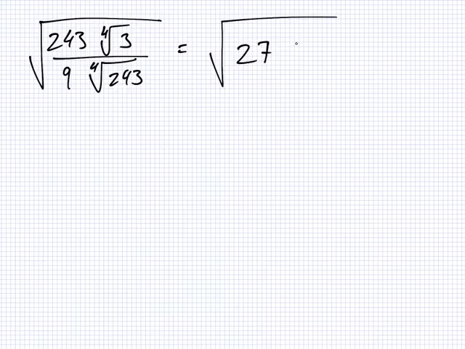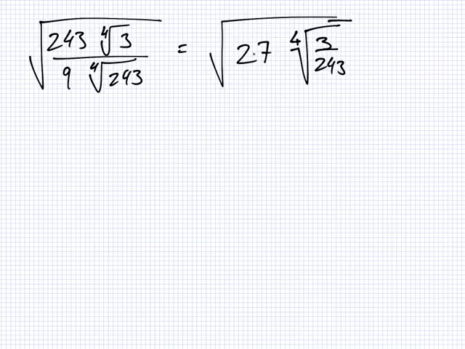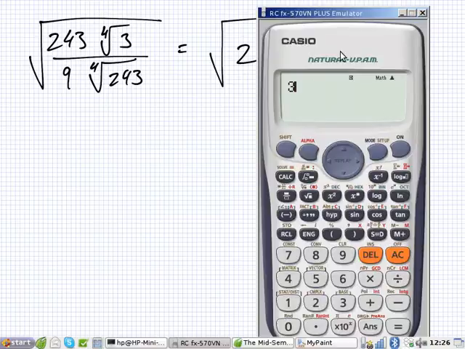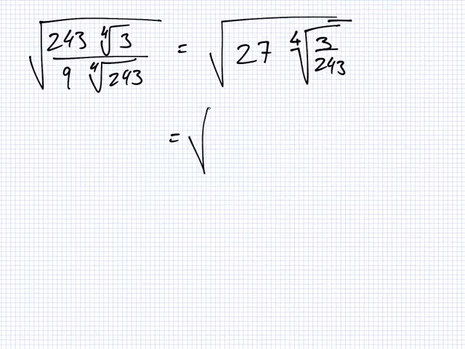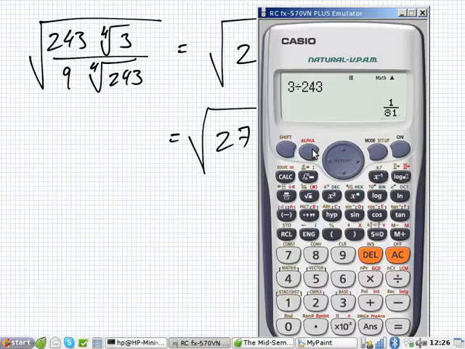And this will be fourth root of 3 over 243, because they're the same root, you can combine them. I'm sure 3 over 243 simplifies. Yeah, 1 over 81. 81 is 3 to the power 4, isn't it? Yep, correct.